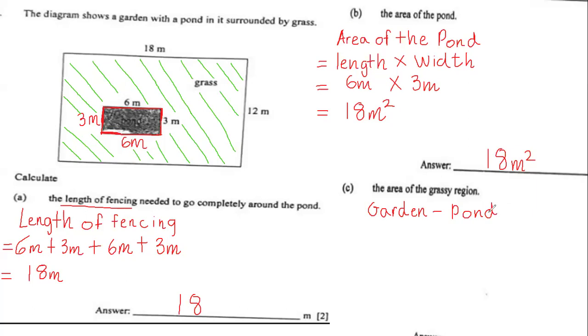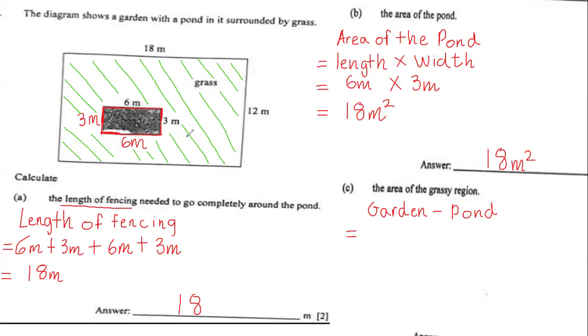Good. So we have to figure out the area of the garden and subtract the area of the pond. All right. Where's Myla? Right here. What's going to be the area of the garden? 18 meters and 12 meters. What operation am I doing between them?